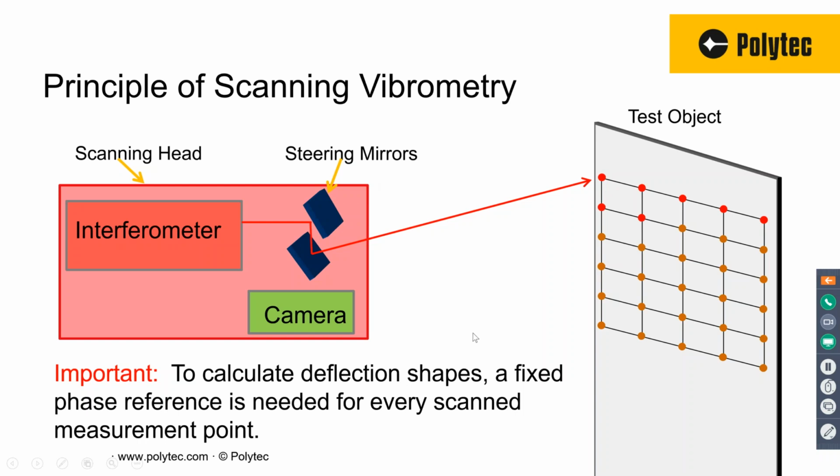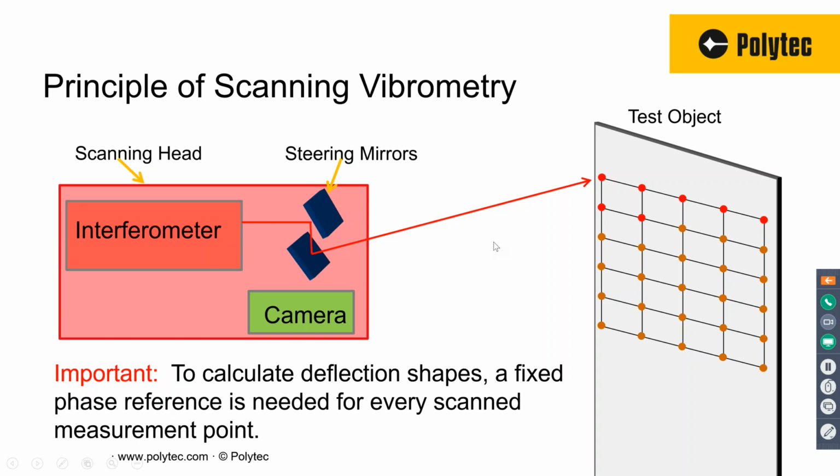point with respect to a fixed reference that can come from an accelerometer or a force gauge if you're using a shaker to excite the structure, or another transducer attached somewhere, or maybe a microphone to give you your fixed reference.